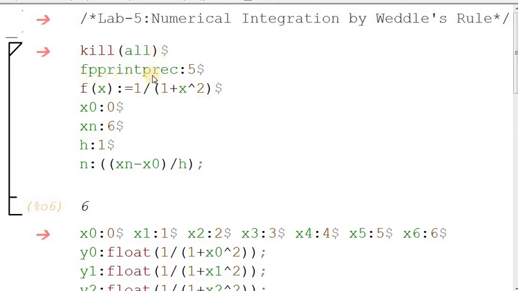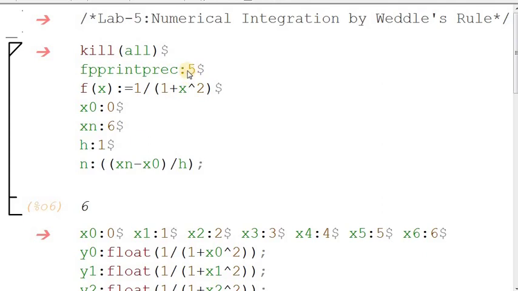fpprintprec means it gives how many decimal places of accuracy are required. I have written 5 here. We can take any decimal accuracy. So the result will be given accurate up to 5 decimal places.